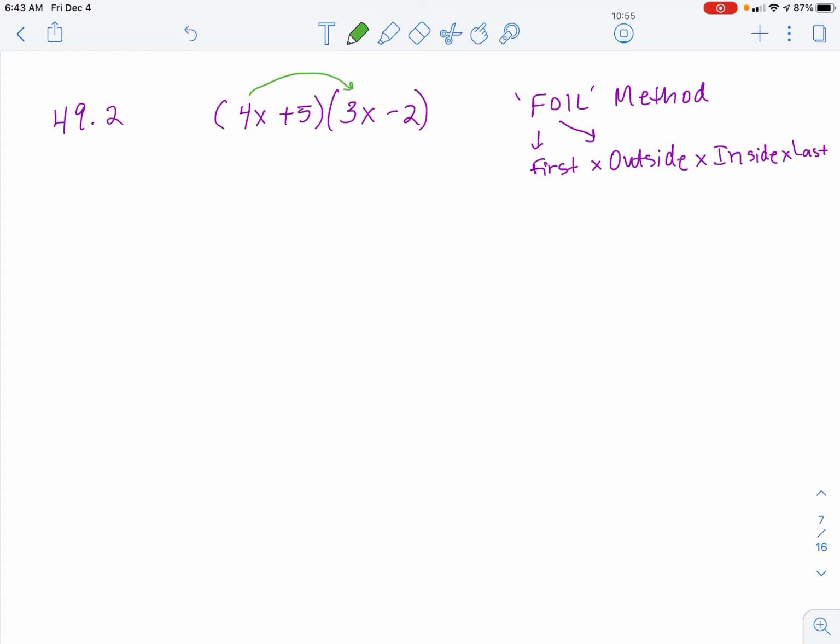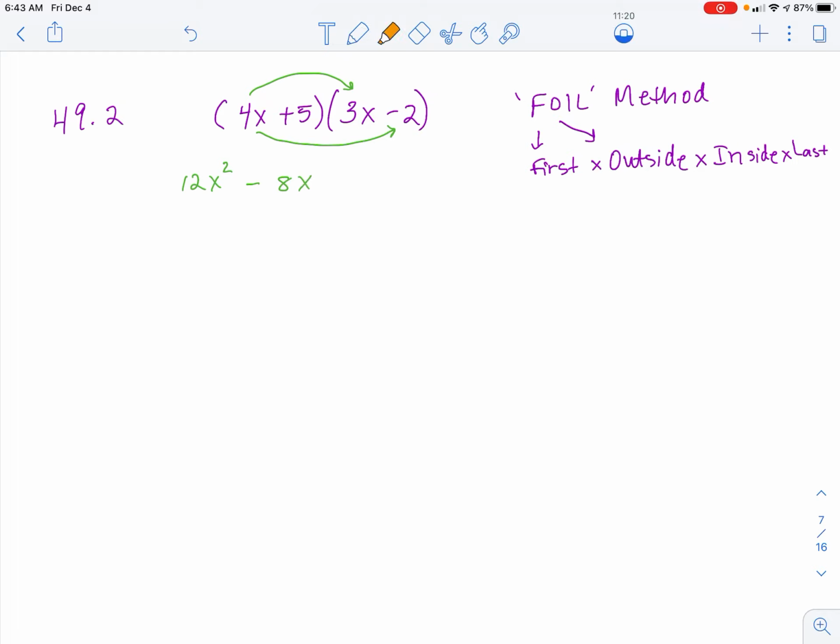So I'm going to take 4x times 3x, and I'm going to get 12x squared. And then I'm going to take my outside terms underneath here and multiply those, minus 8x.